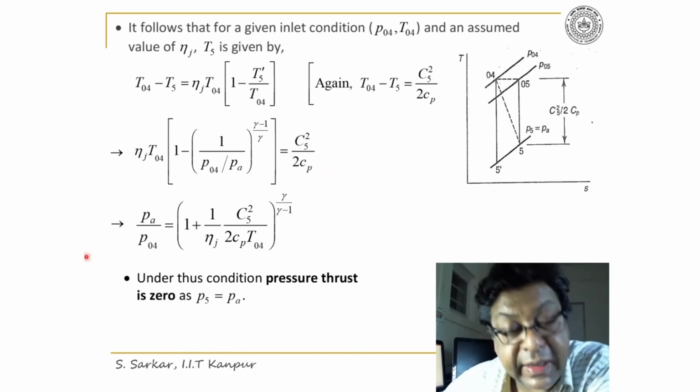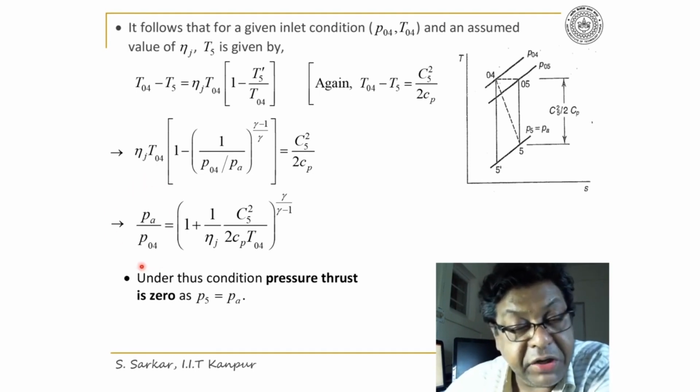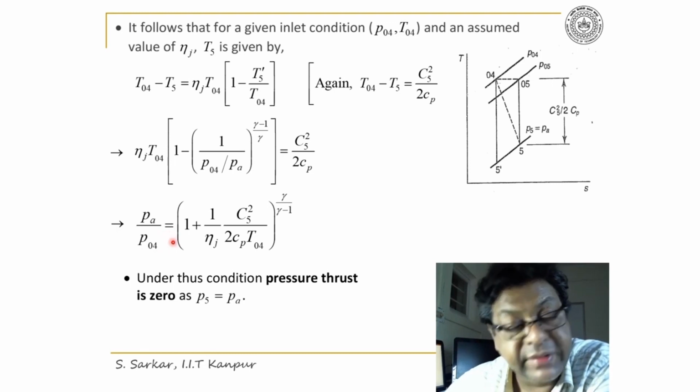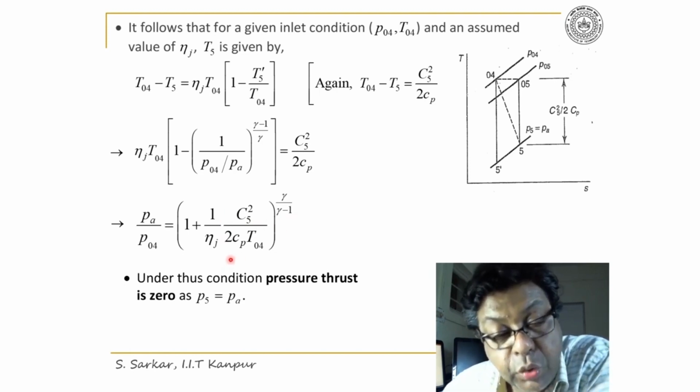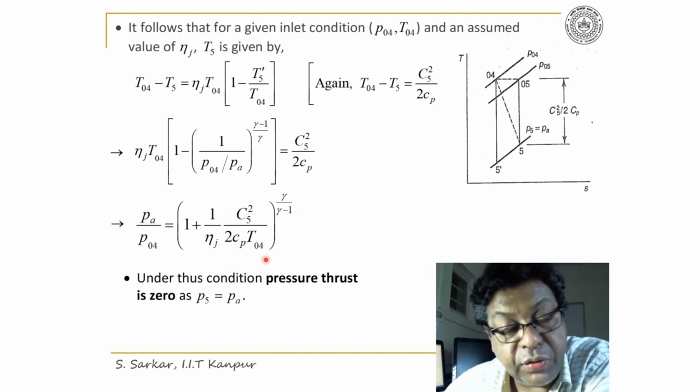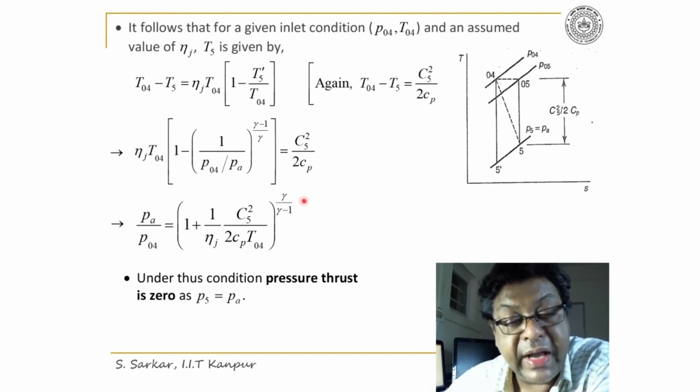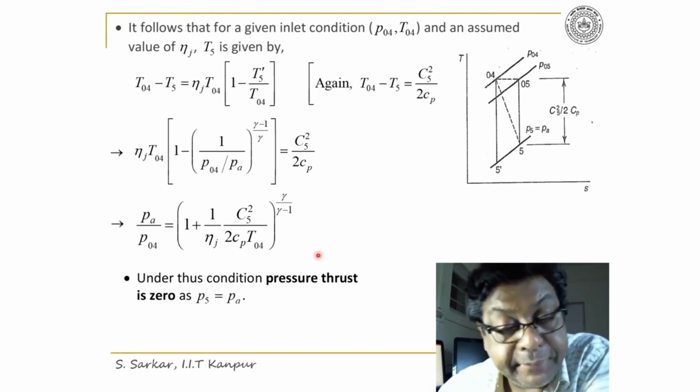Thus, I can evaluate the pressure ratio P04 by Pa as equal to 1 plus 1 by eta J into C5 squared divided by 2 Cp into T04 to the power gamma by gamma minus 1.